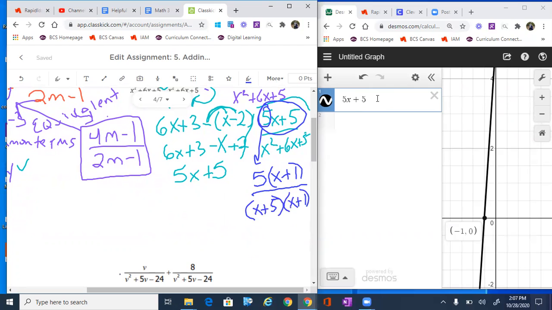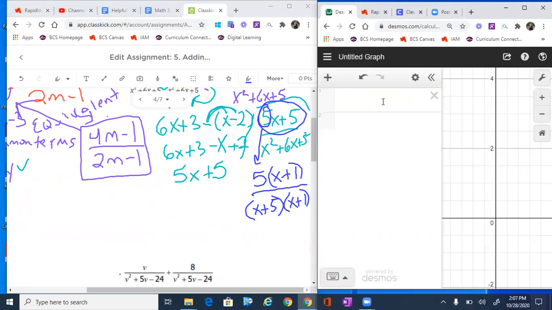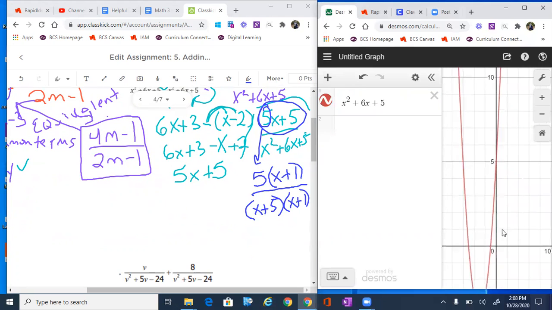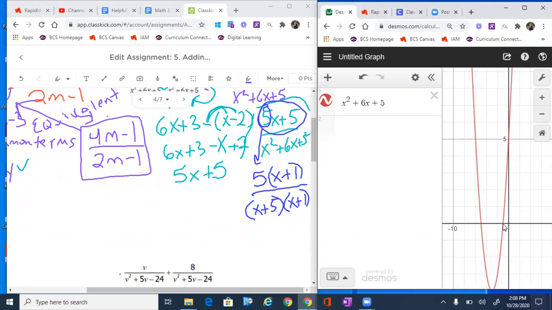Once again, if you did not know that, I'm going to use Desmos to prove it. I'm going to type in x squared plus 6x plus 5 and look for those x-intercepts. -1 and -5. So I get x plus 5 and x plus 1 because we use the opposites.